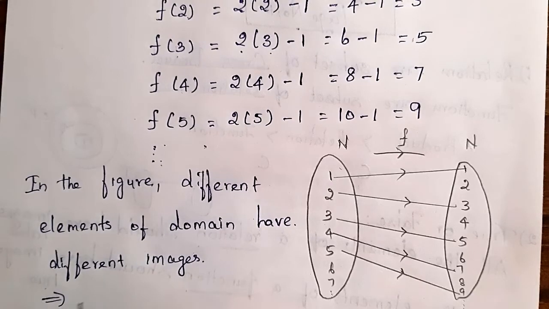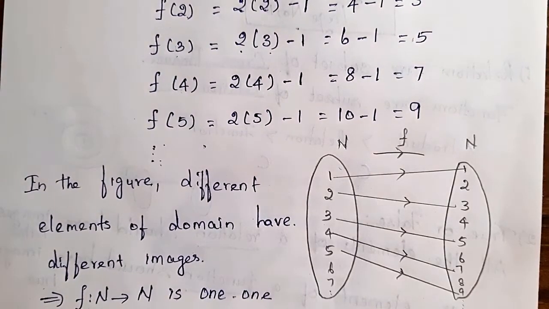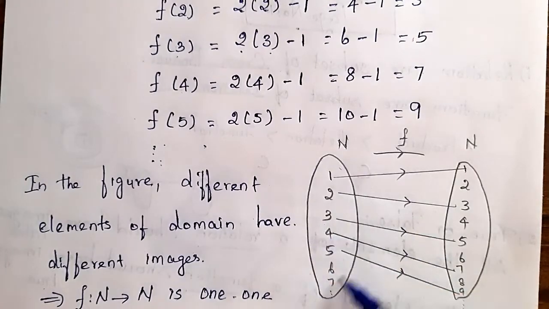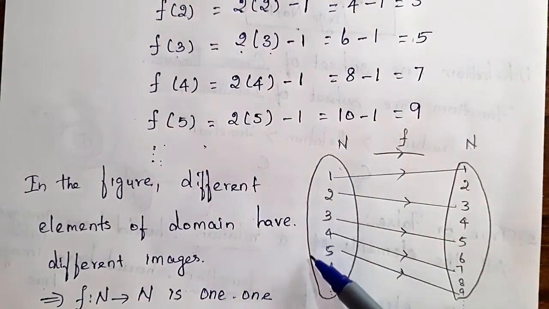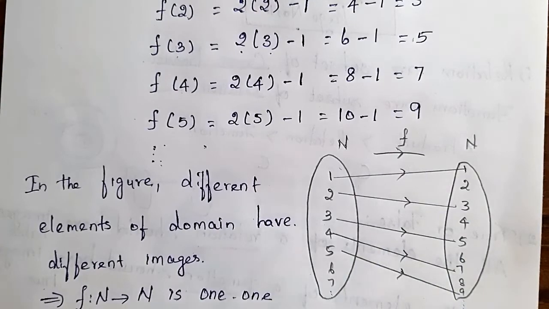So that implies definitely f from N to N is one-one. Clear? So this is the domain. Different elements of the domain have different images. That is the reason it is one-one.